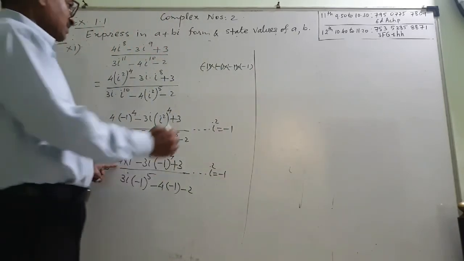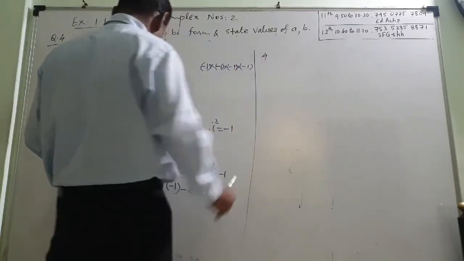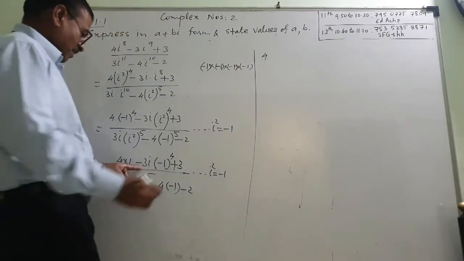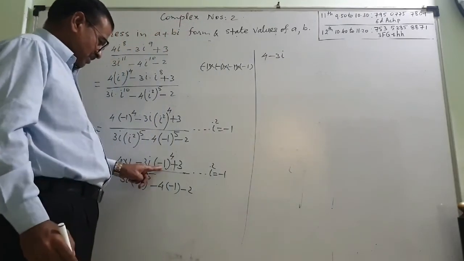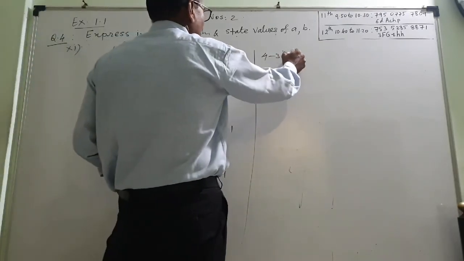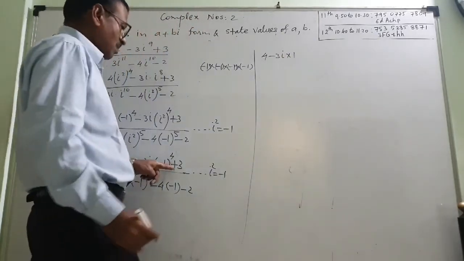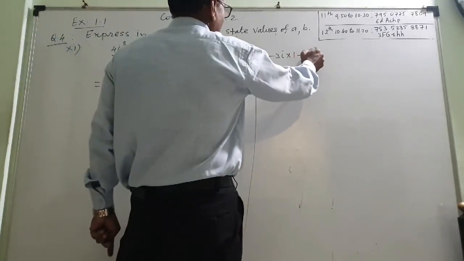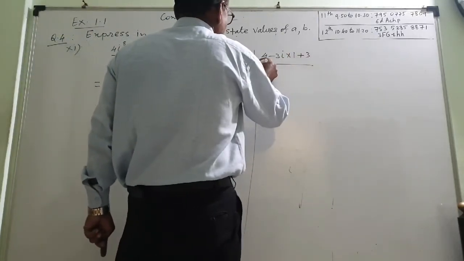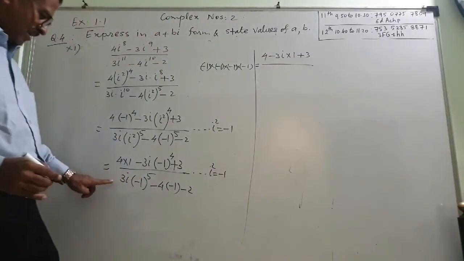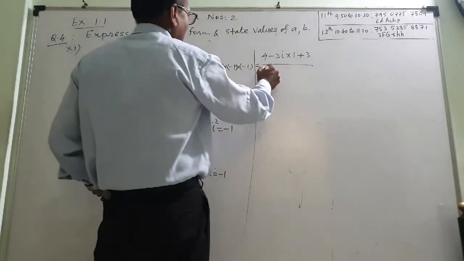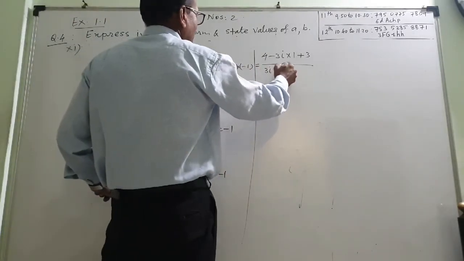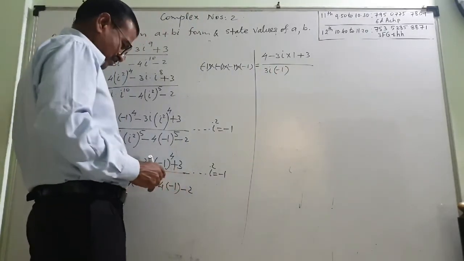Now this is 4 into 1, the 4. This is minus 3i. This minus 1 raised to 4 is 1, and plus 3. Go step by step. Take the baby steps. No mistakes will be there. 3i, and this will be minus 1. 3i into minus 1 raised to 5 is minus 1.